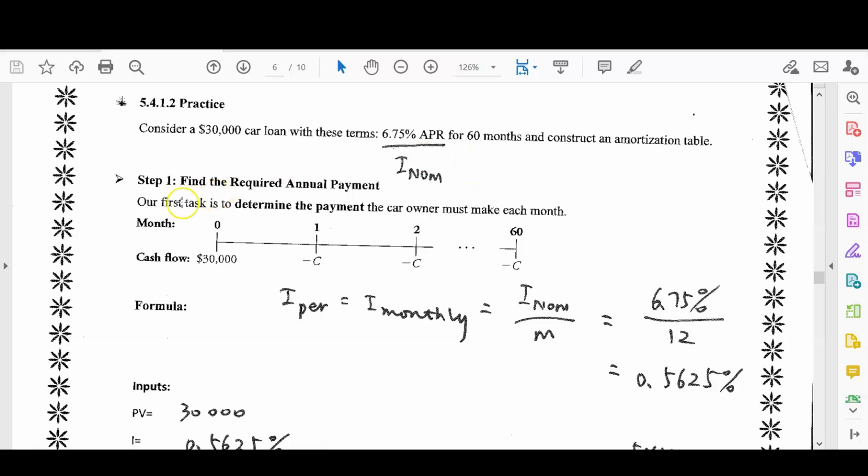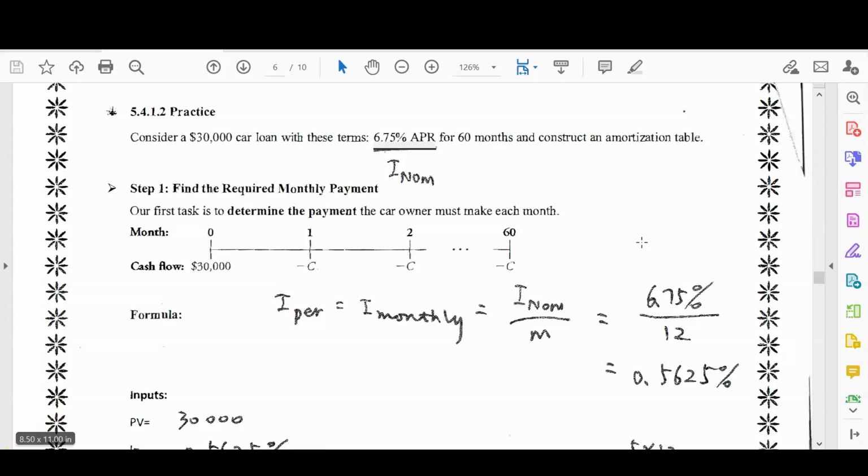For this first step, we always need to find the required payment. I think I need to make a little bit of change to the notes, so let me correct it here.